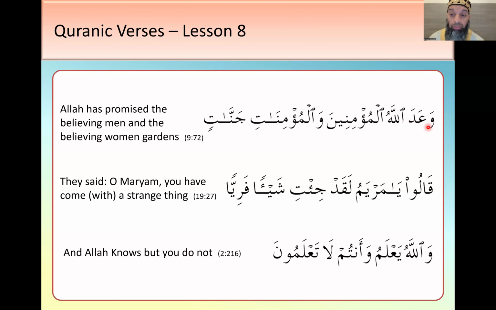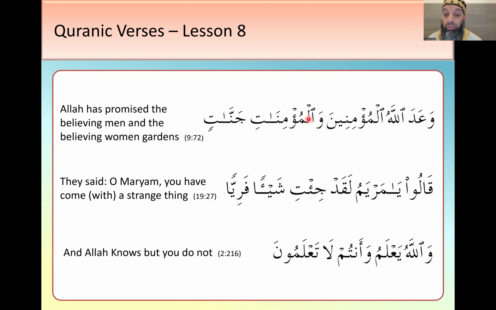Wa'adallahu. Allah promised. Al-mu'minina. Good. The believers. And what did I say when you see mu'minina mentioned? It means believers. It's mixed. It'll be mixed group, yeah? But it's not mixed when we have the same version of the feminine mentioned after it.